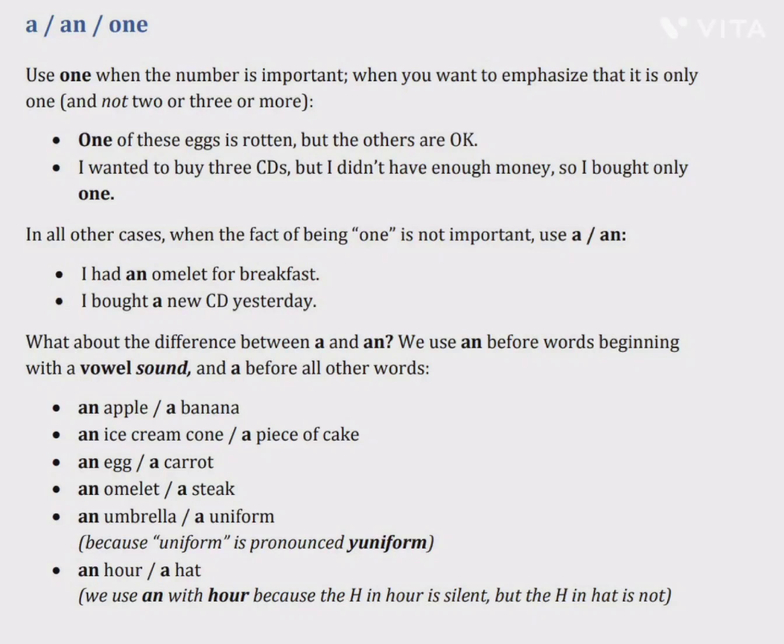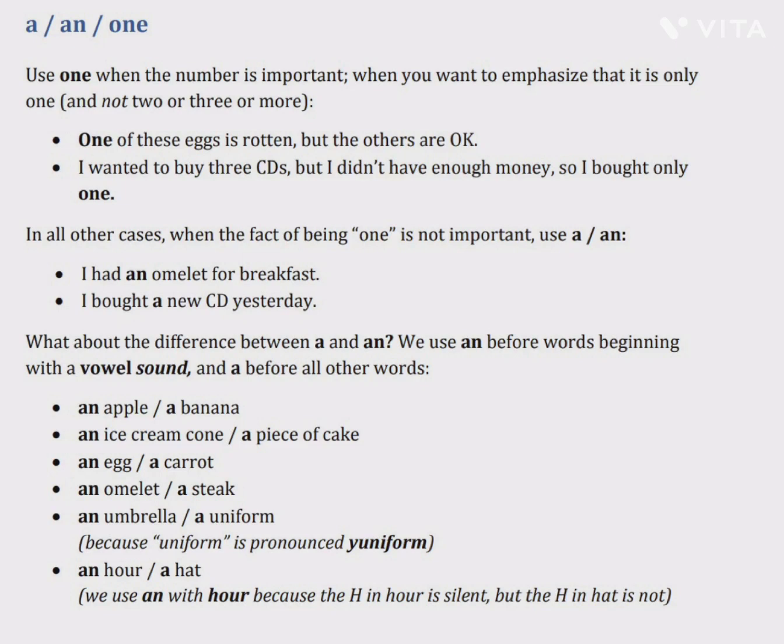Now we can see the examples: an apple, a banana. A apple should not be said. A is a vowel, so you have to represent it as an apple. An apple, a banana. B is a consonant, so we use a banana. Next, an ice cream, okay? An ice cream cone. You have to use an over there.